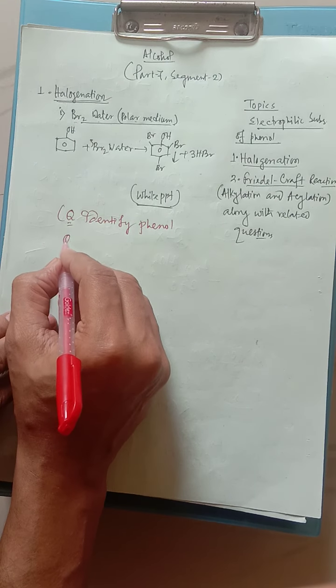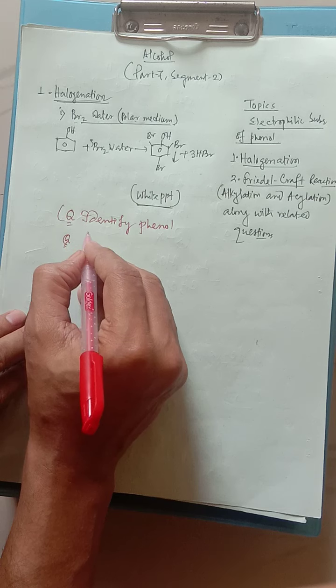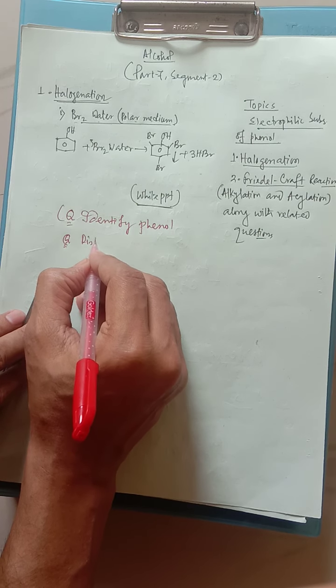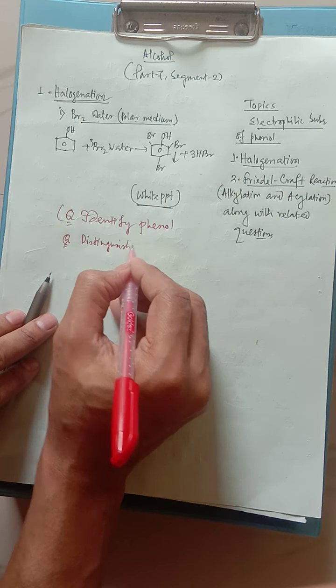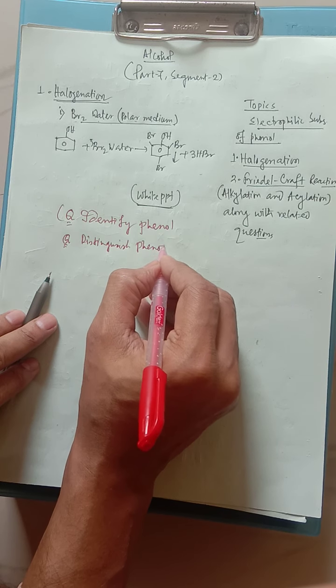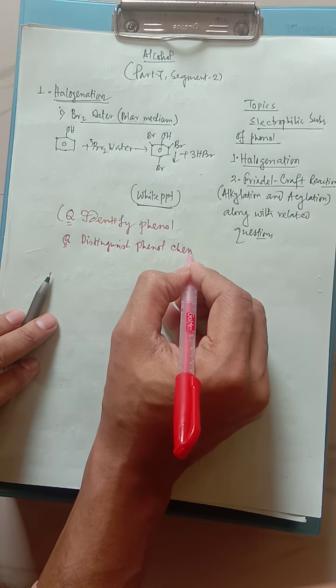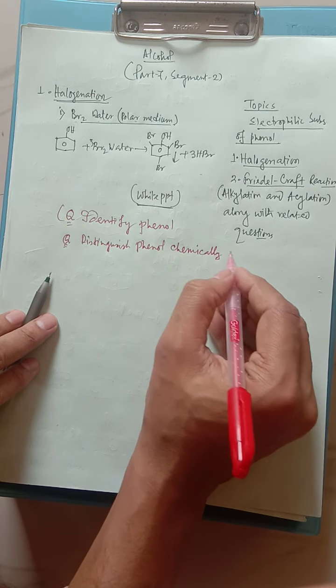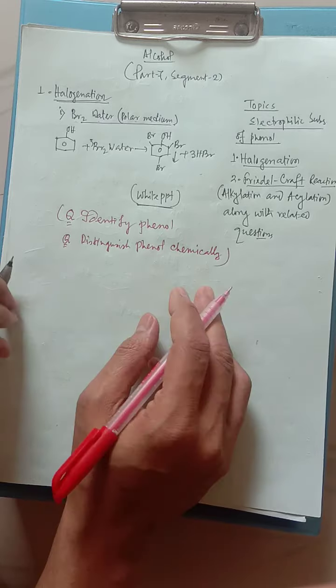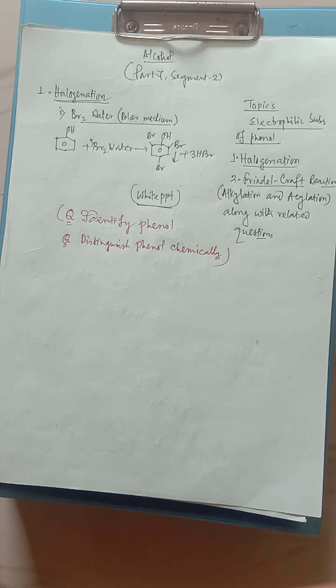Not only that, a question may be asked, how do you distinguish phenol chemically? That means it may be used as a difference from other organic compounds, other halogen aromatic compounds also.